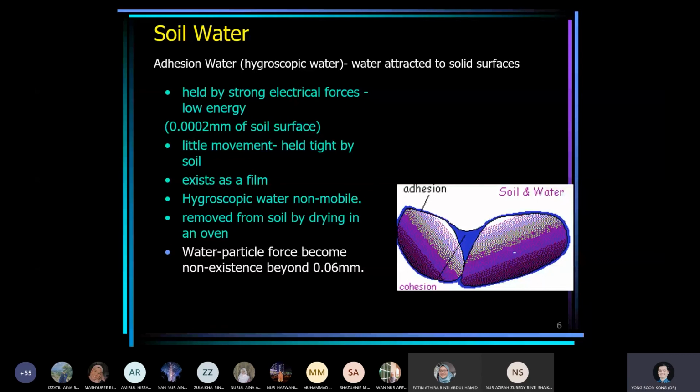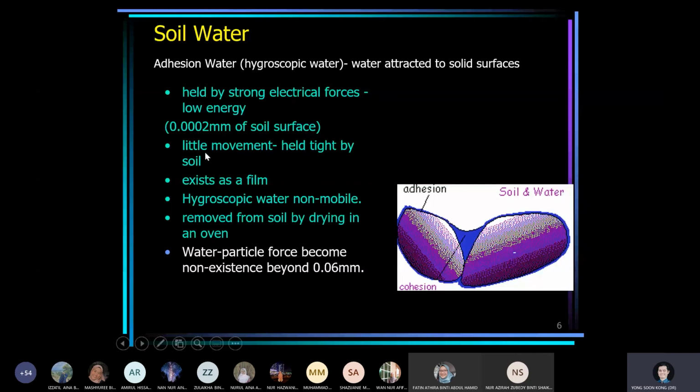Now, hydrogen bond only exists on a certain condition, in which this condition is met on the surface of the soil. Like I told you, there are many oxygen groups with negative charge, and because of that, water can form strong hydrogen bonds. Yeah.